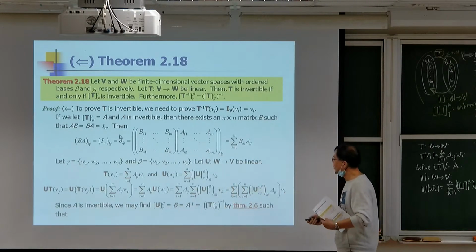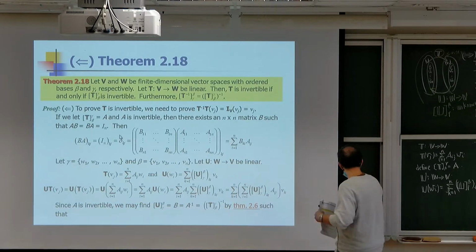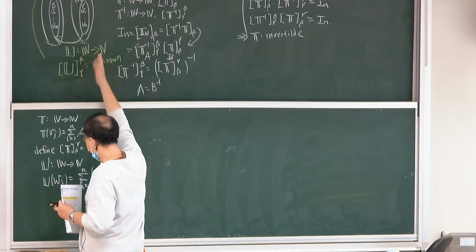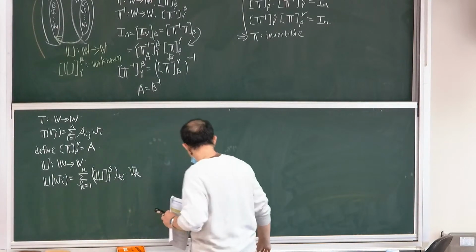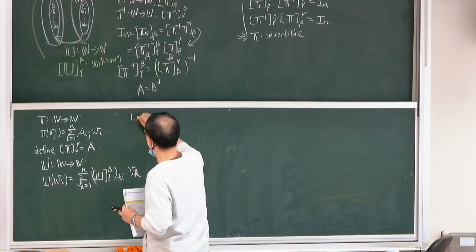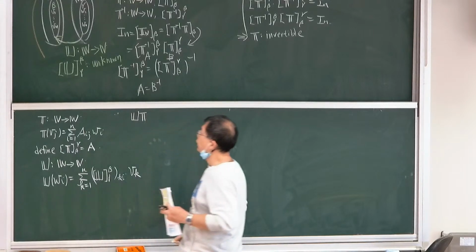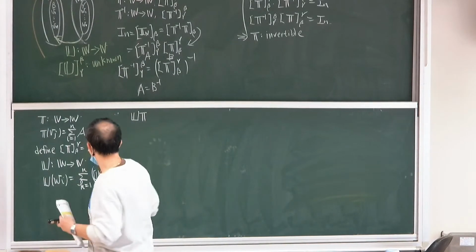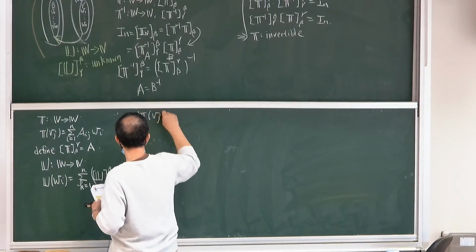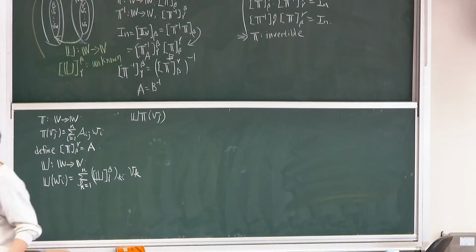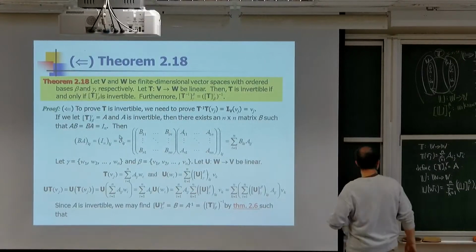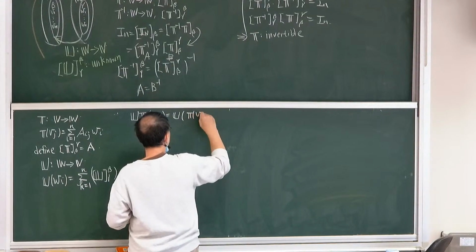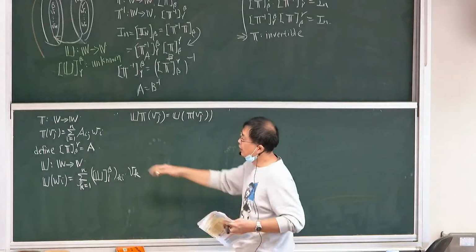So now, if we combine these two transformations together, the composition of linear transformations UT, and operate it on vj: by definition, U operates on T(vj).